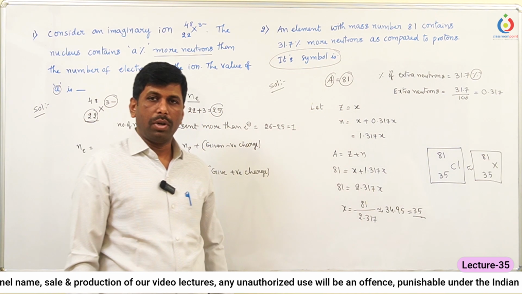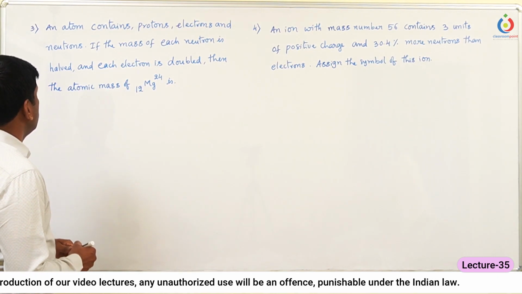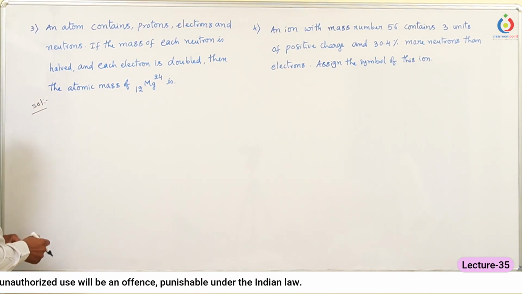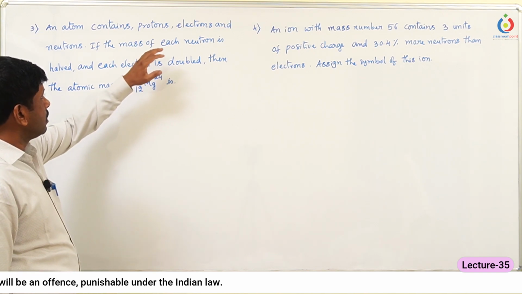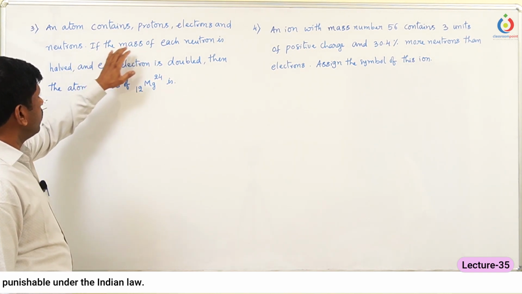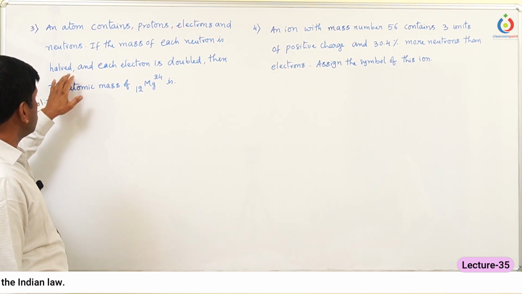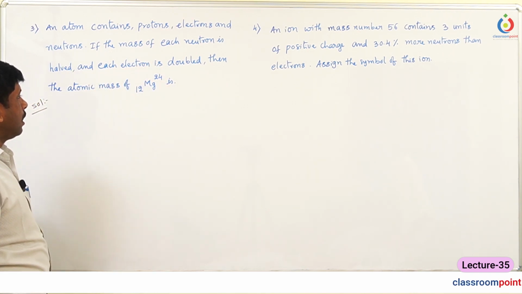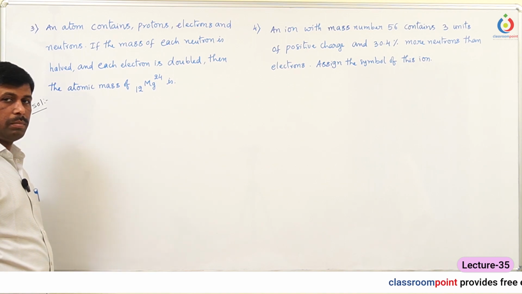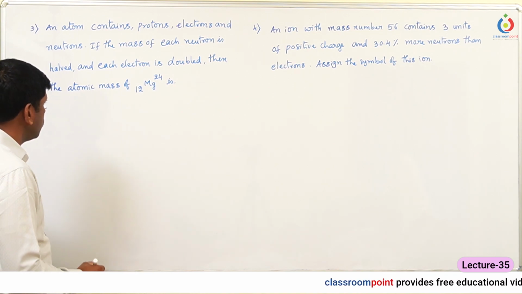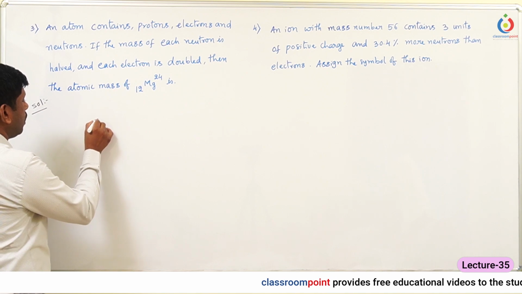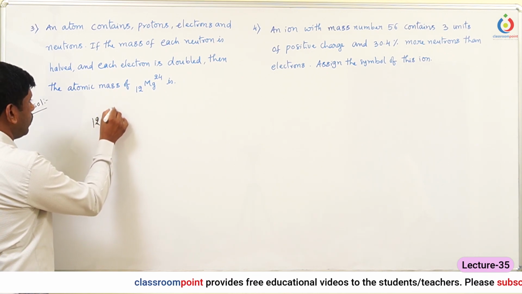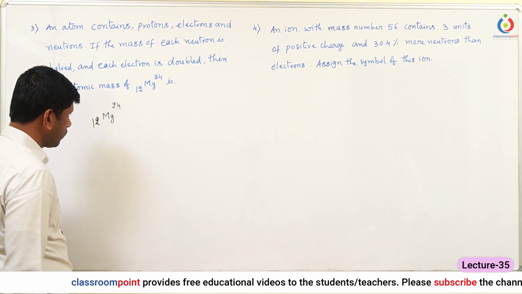We shall see some more questions. So the question here is, an atom contains protons, electrons and neutrons. If the mass of each neutron is halved and each electron is doubled, then what is the atomic mass of 12 magnesium 24? So let us see here, 12 magnesium 24 is given.